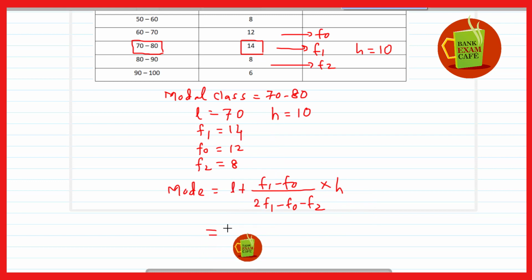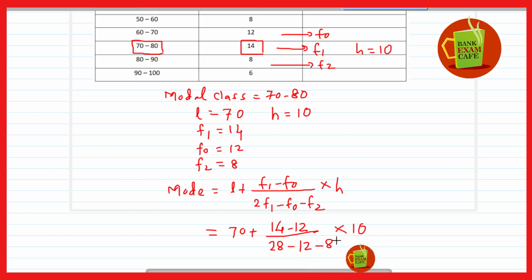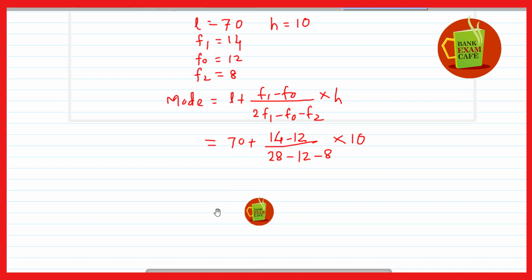So L is 70, plus F1 minus F0, that is 14 minus 12, upon twice of F1, that is 28, minus F0 which is 12, and minus F2 which is 8, multiplied by H which is 10. Solve this.